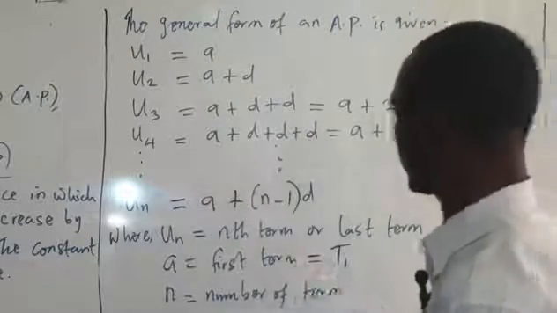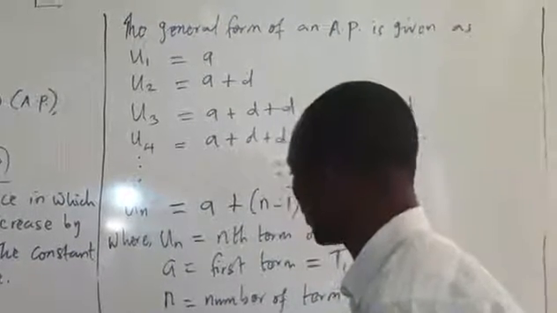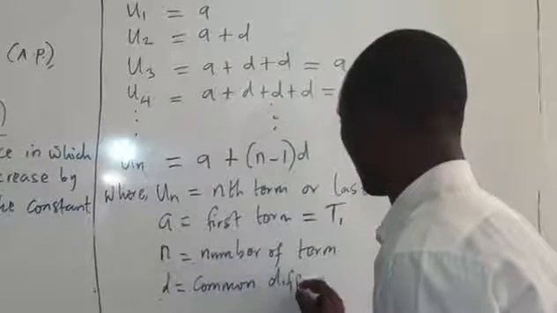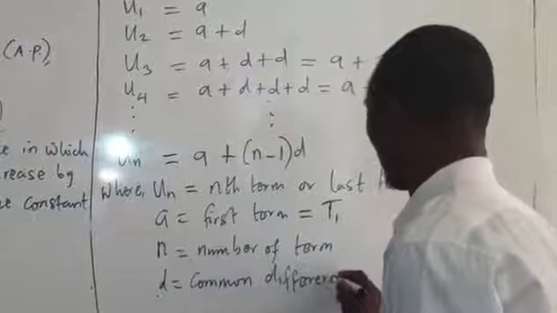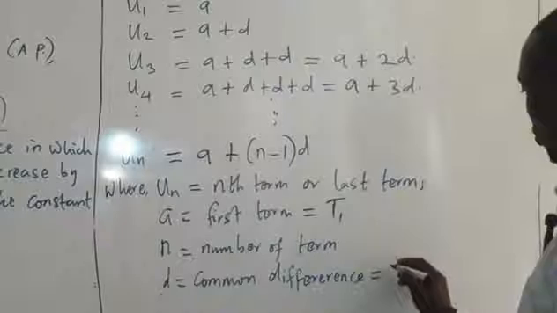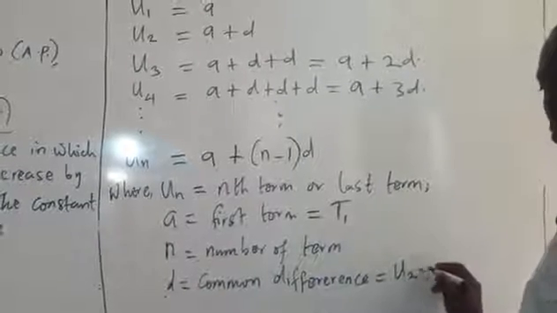While the last one, d, is the common difference. And we get the common difference by subtracting u1 from u2, that's u2 minus u1.